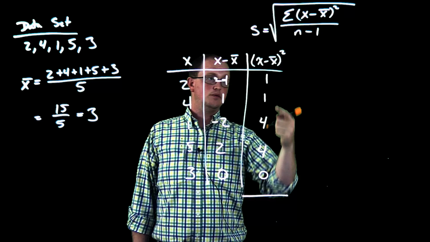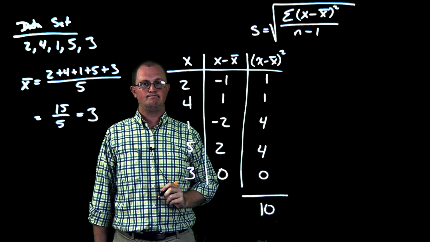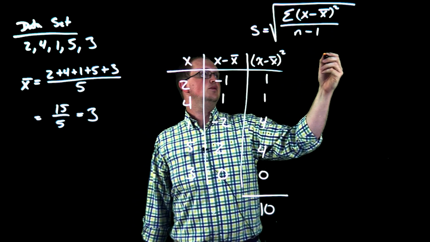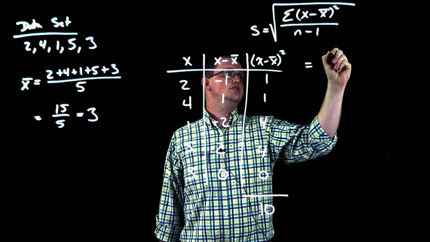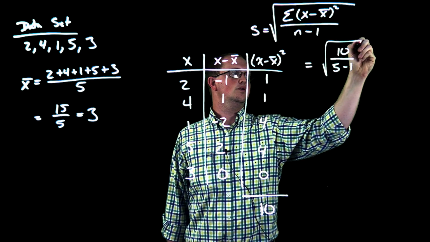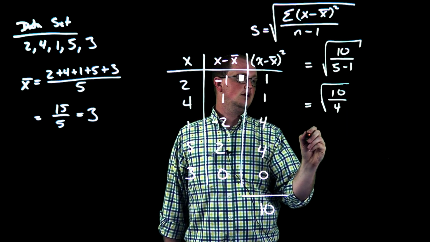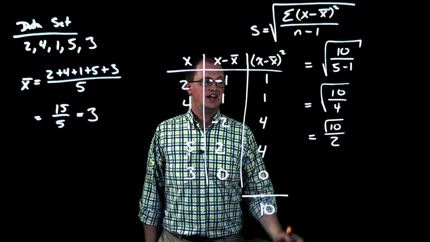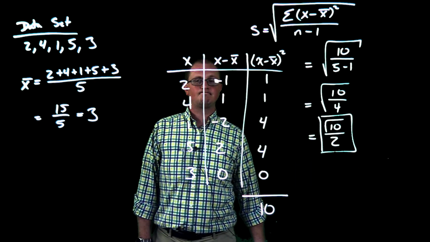So we come down here and we add this up, and this gives us 10. And so plugging this in, we get that the standard deviation is equal to the square root of 10 over 5 minus 1, which gives us the square root of 10 over 4. And this is our standard deviation.